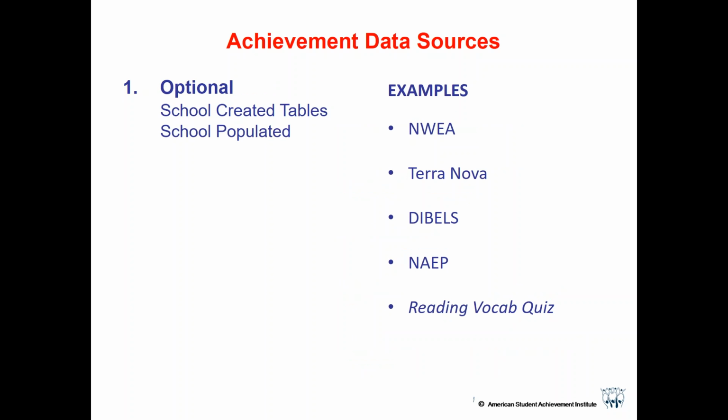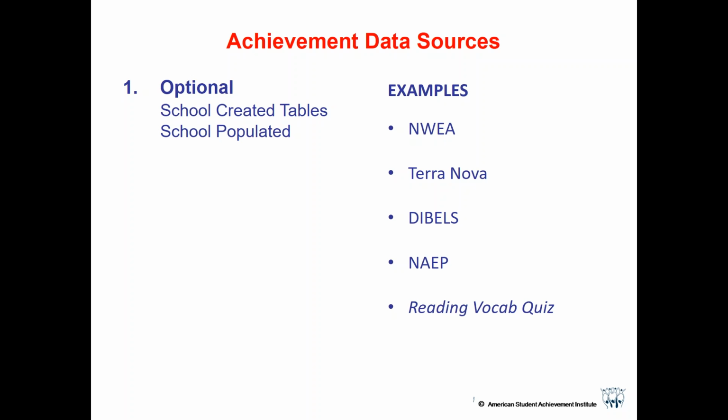So, okay. So then there's also the opportunity for you to create some optional data tables, and I'll show you how to do that. For example, we had an elementary school once that had a school-created assessment that they called the Rainbow Test, and every fifth grader took it, and so they created a table where they could put in the data from their Rainbow Test.